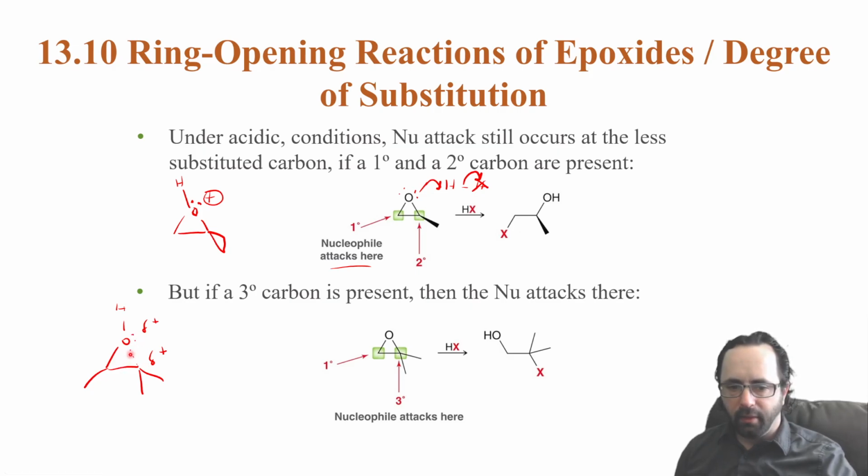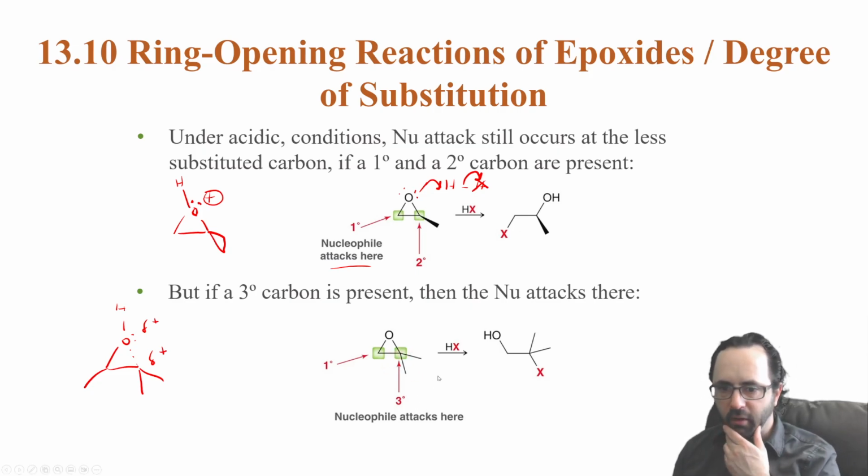We have a positive formal charge on this carbon, partially, as this bond is breaking. And that positive formal charge is much better stabilized on the tertiary position. And so the nucleophile will, in the protonated epoxide, end up attacking at the tertiary position instead of the primary one.